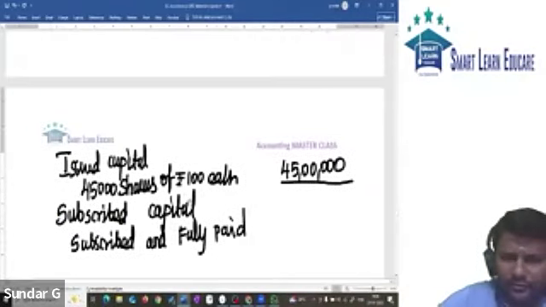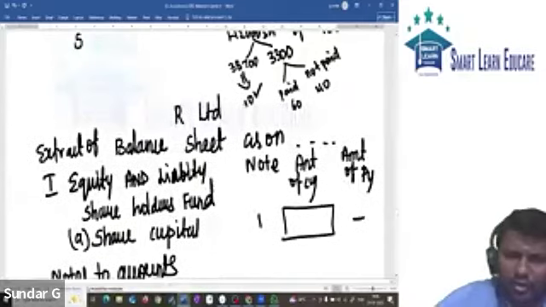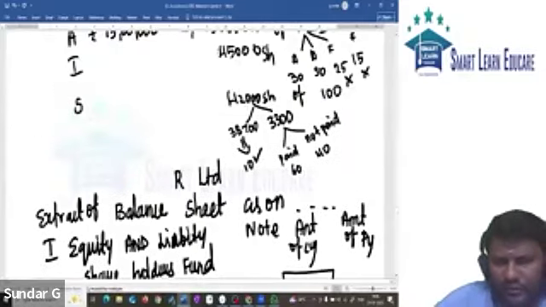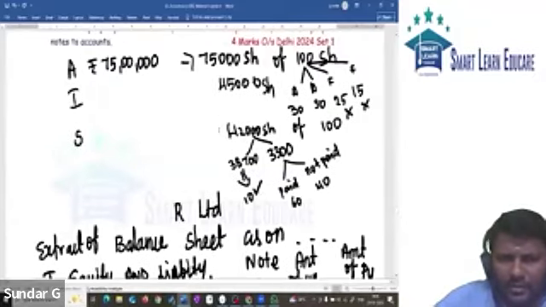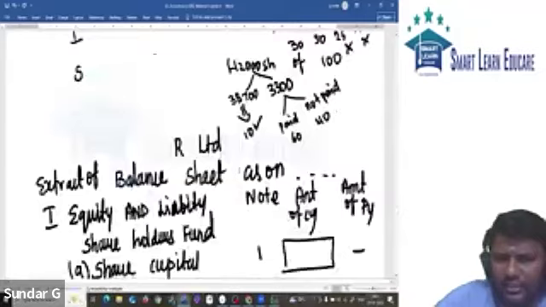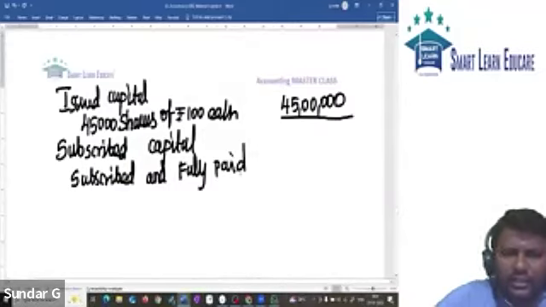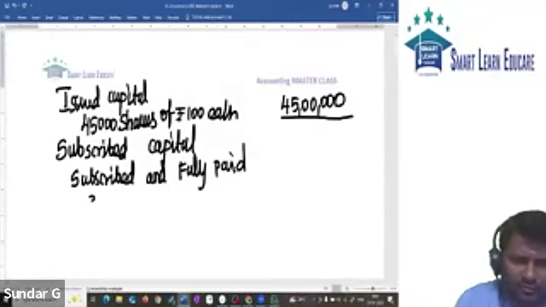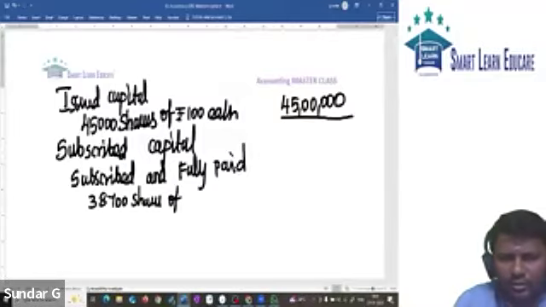In total, 45,000 were issued, but the public subscribed only 42,000. Out of 42,000, what is fully paid? 38,700 shares of rupees 100 each are fully paid.